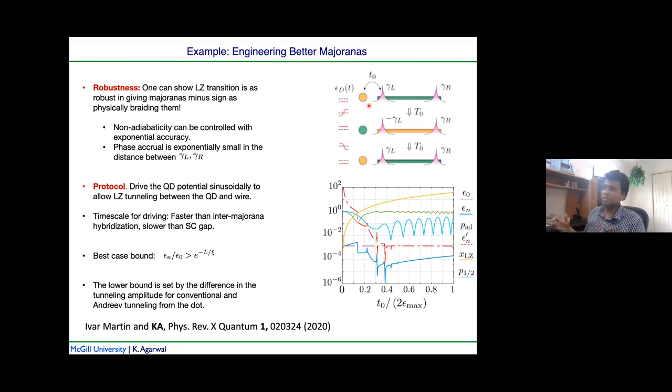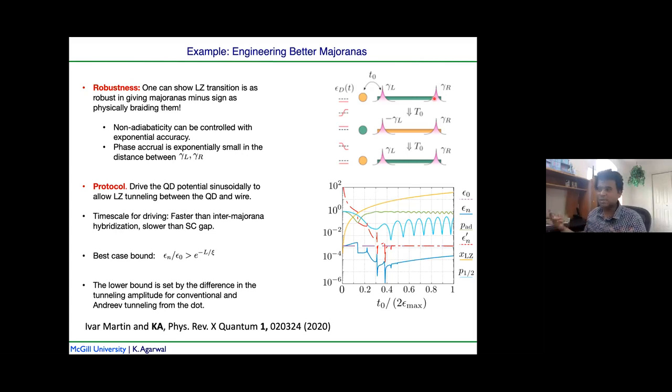So you can also accrue dynamical phase as you time evolve the system as it's coupled to the quantum dot. And what you can show by careful reasoning is, in fact, that the dynamical phase that you acquire is exponentially small in the distance between gamma L and gamma R. Okay, so in other words, you need at least quasi-good Majoranas in order to be able to do this repeatedly.